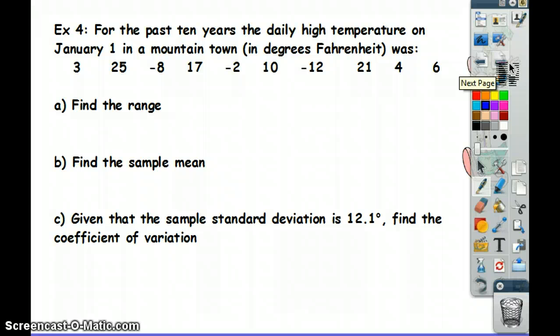So January 1st, one year was 3, the next year was 25, the following year was -8, etc. Find the range. Well, range is biggest minus smallest. 25 minus the smallest. Well, the smallest is a negative this time. And we remember that when we subtract negatives, we add the opposite. And so the range of temperatures is a 37-degree range.